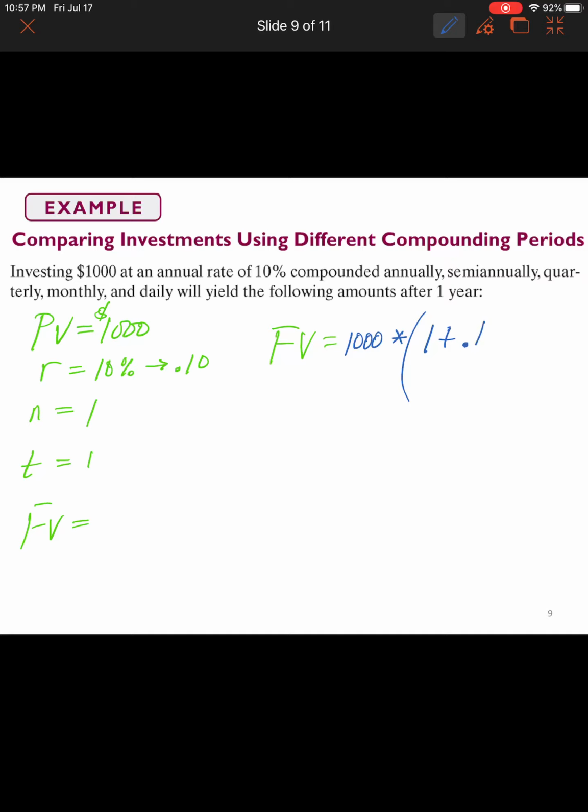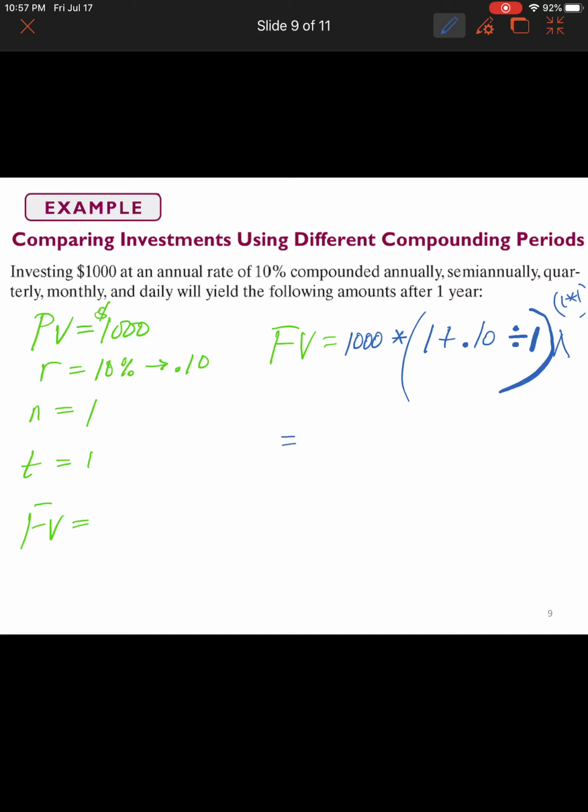Plus 0.10 divided by the number of times compounded, which is 1, close the parenthesis, hit your caret symbol to get an exponent, open another parenthesis for that exponent, put in the exponent for the n, hit your multiplication symbol, put in your number of years, hit your multiplication symbol, close your parenthesis, hit your equal sign.